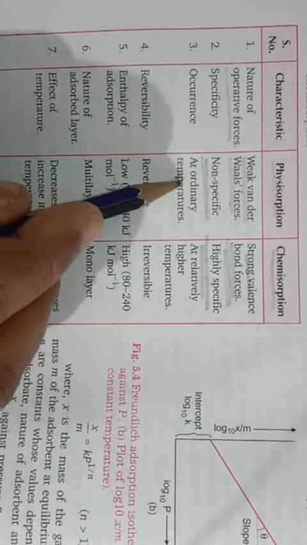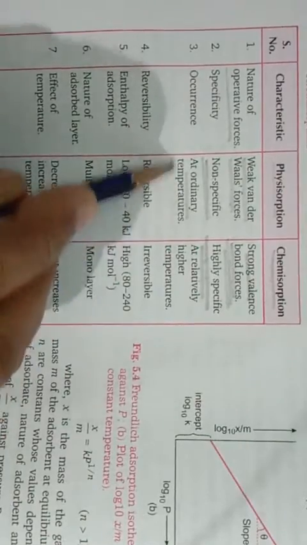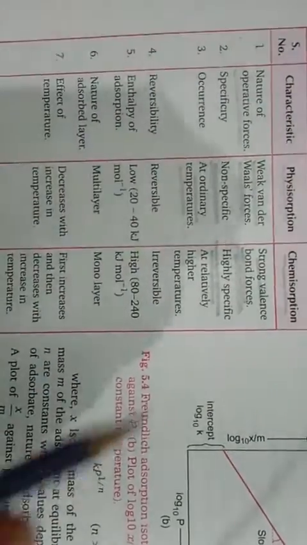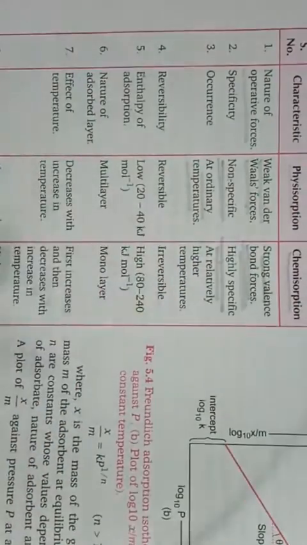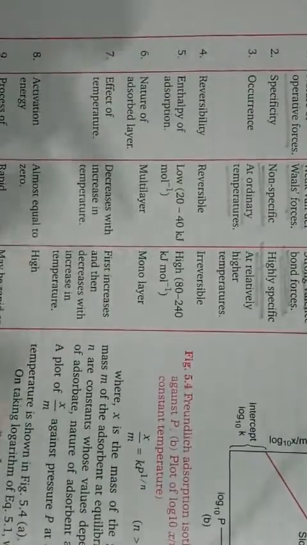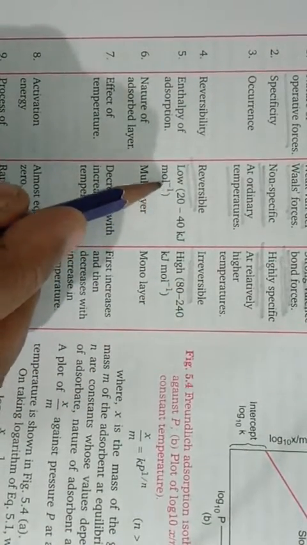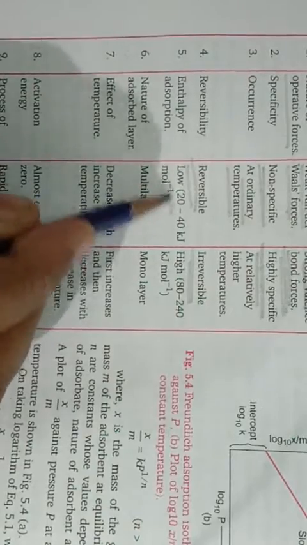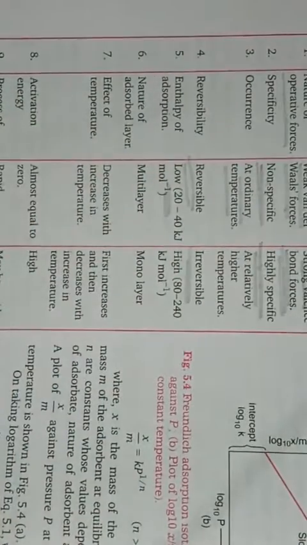Then physisorption takes place at ordinary temperature, but chemisorption at relatively higher temperature, because energy is required for the formation of a bond. Then physisorption is a reversible process, whereas chemisorption is irreversible. The enthalpy of adsorption is low for physisorption and high for chemisorption.